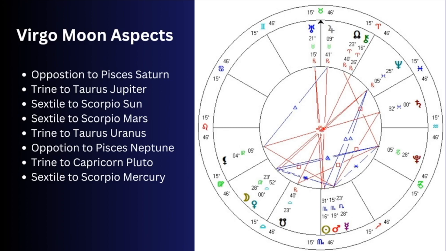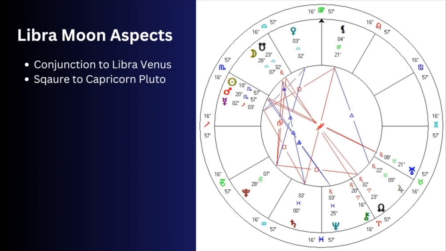Now we're going to move to the Libra moon aspects. As you can see, when the moon is in Libra, it only makes 2 Ptolemaic aspects to other planets, not nearly as many as when it was in Virgo. However, the closing aspect for this lunar sign shift is a square, so it is considered to be more challenging.